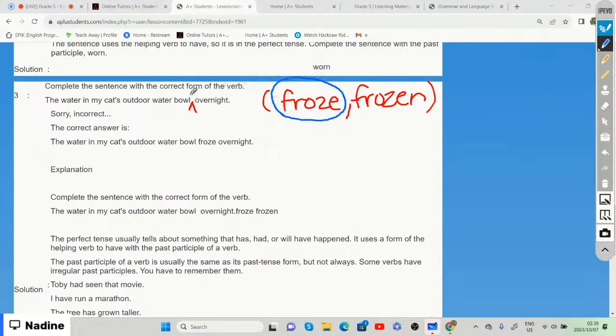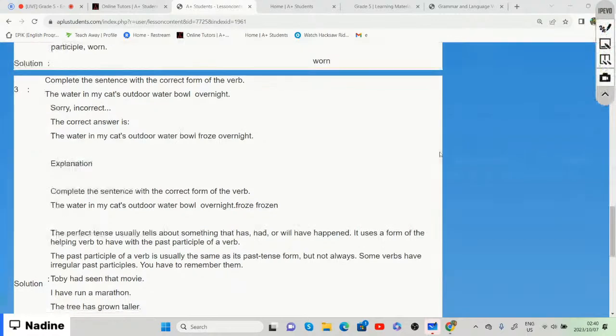It's almost like saying it freeze overnight. So it froze overnight, and now it is frozen. And that is how we make mention of the two words. So we chose froze overnight as our correct answer.